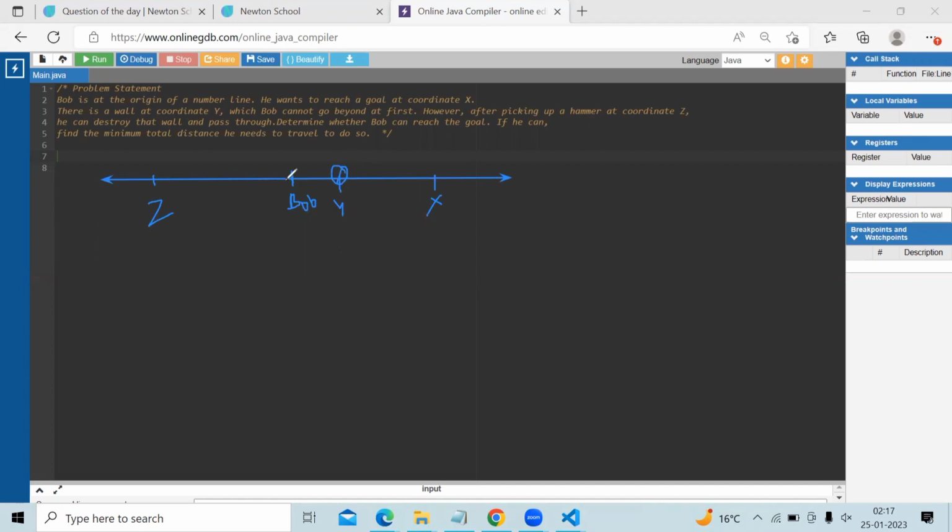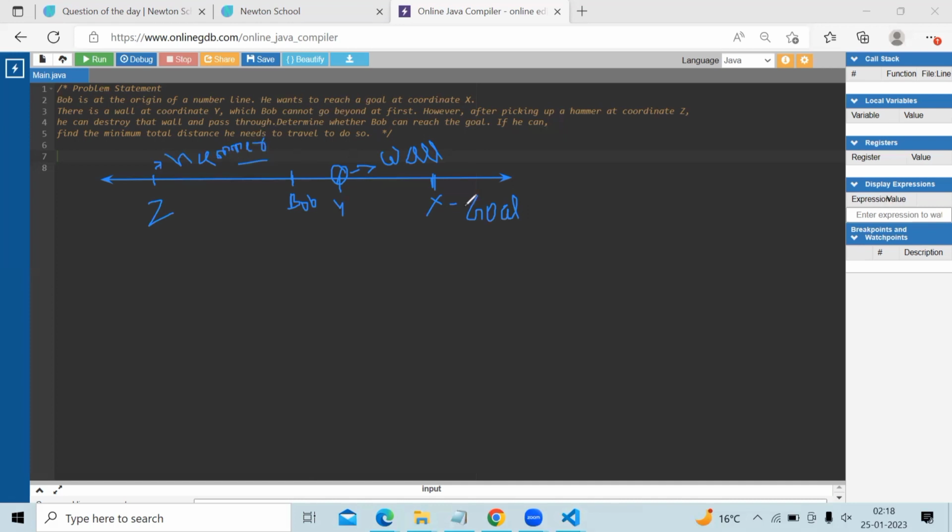Because of this wall, Bob cannot reach this x, which is the goal. This is the goal, and this is the wall present at the y coordinate. And this is the hammer, by using which Bob can destroy this wall.